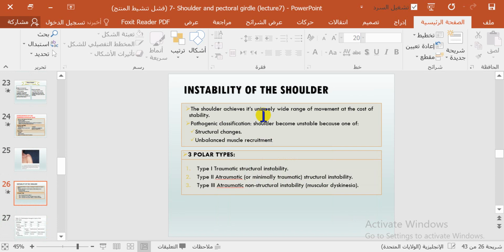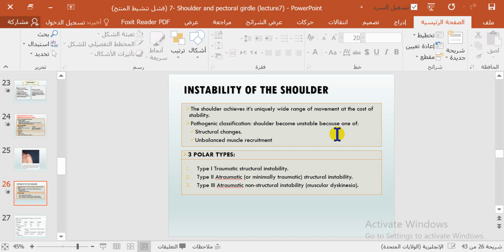Here we come to one of the important parts in the pathology of the shoulder, which is shoulder instability. The shoulder achieves its uniquely wide range of movement at the cost of stability. If we have a joint with a wide range of movement, definitely that joint is not so stable.